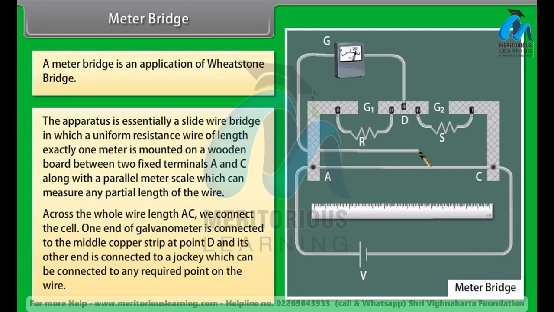Across the whole wire length AC, we connect the cell. One end of the galvanometer is connected to the middle copper strip at point D, and its other end is connected to a jockey which can be connected to any required point on the wire.